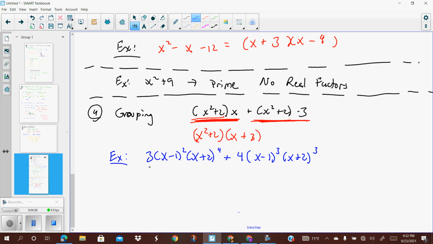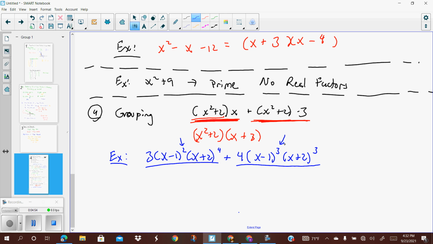Now remember, this whole thing here is a term, because they're all being multiplied together. Do I have any common factors with the 3 and the 4? It doesn't look like it. 3 and 4, no common factors other than 1. X minus 1, however, does have common factors. I have 2 factors of x minus 1 here. I have 3 factors of x minus 1 there.